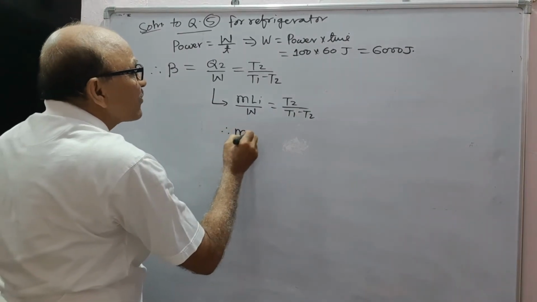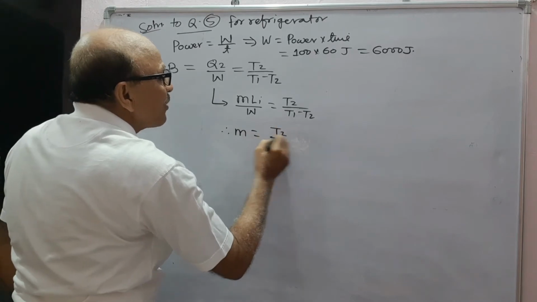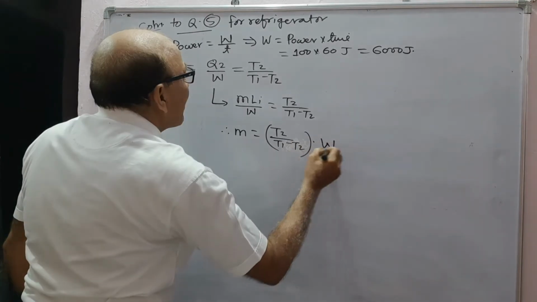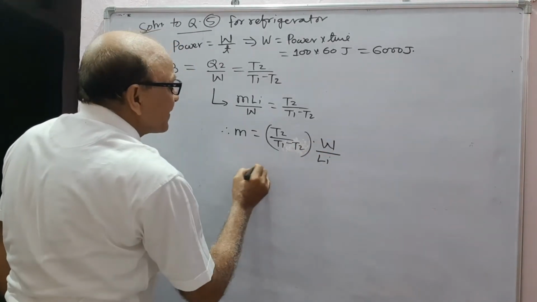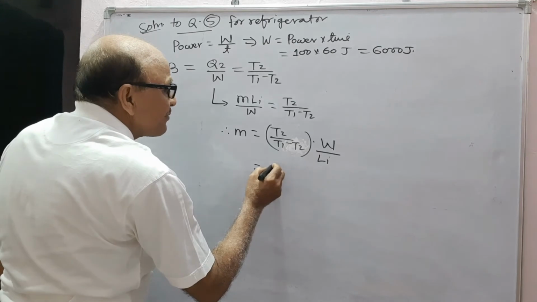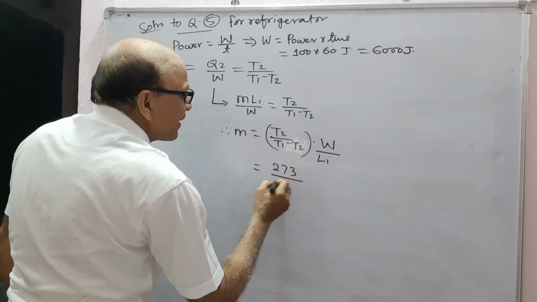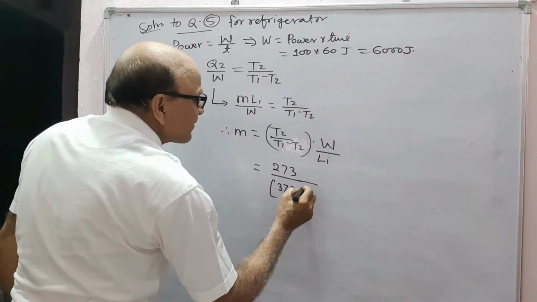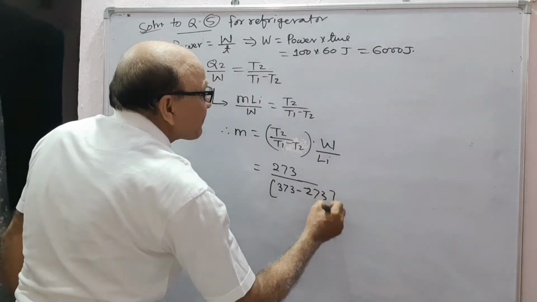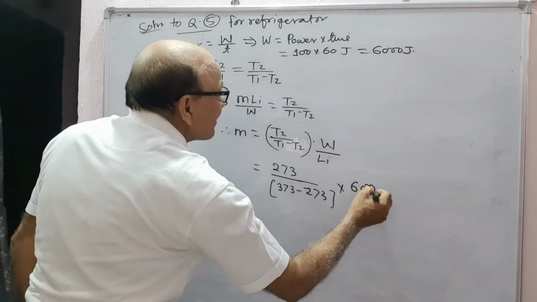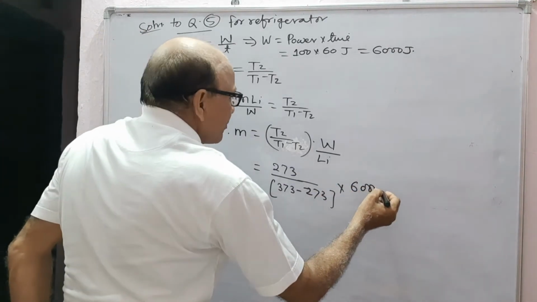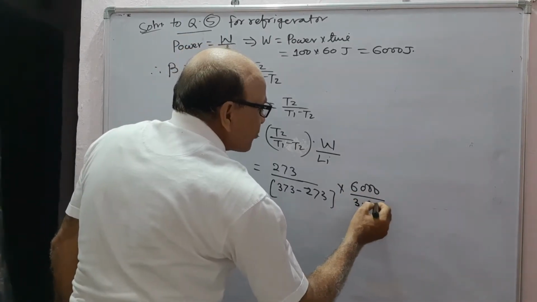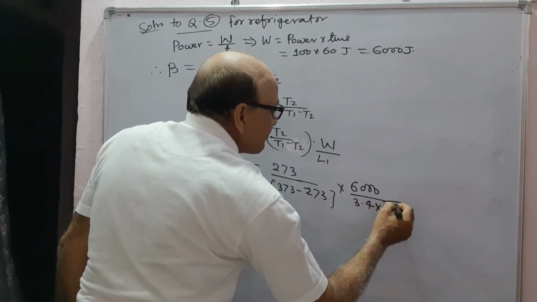So M will be equal to T2 upon T1 minus T2 into W upon L ice, that is T2 is ice temperature 273, T1 is steam temperature 373, minus T2 273, W is 6000 joules upon L ice 3.4 into 10 to power 5.